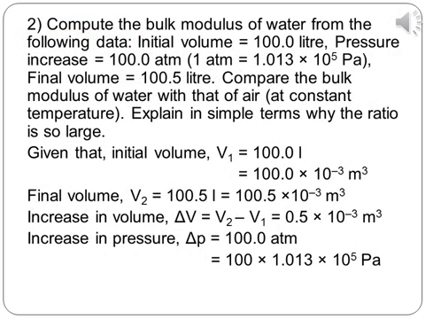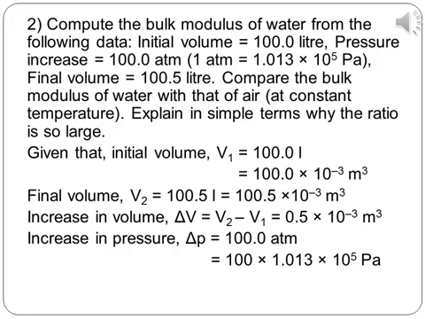Second question is, compute the bulk modulus of water from the following data. Initial volume is equal to 100 liter. Pressure increase is equal to 100 atmosphere, since 1 atmospheric pressure is equal to 1.013 into 10 to the power of 5 pascals.